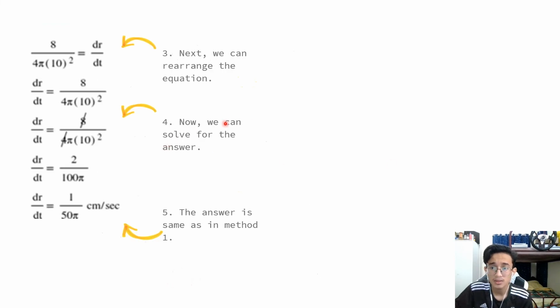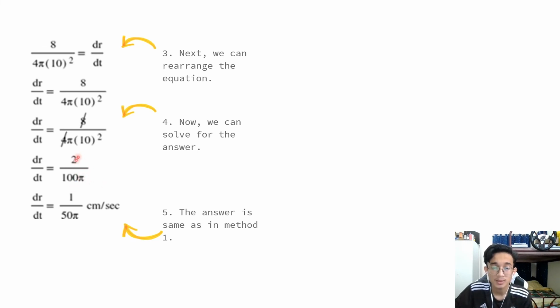We arrange the equation so that dV over dt is divided by dV over dr. Then we can simply cancel 8 and 4, and we get 2 over 100 pi.